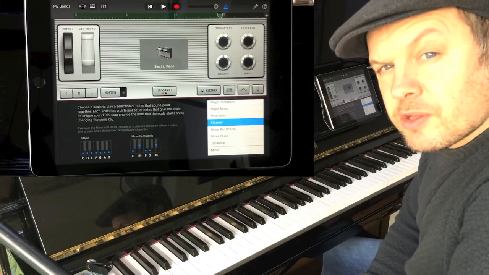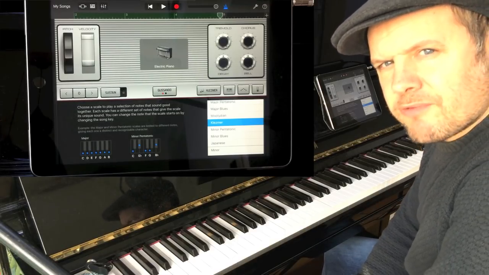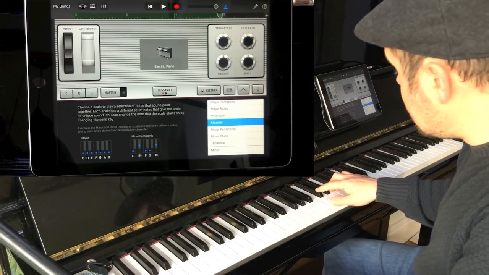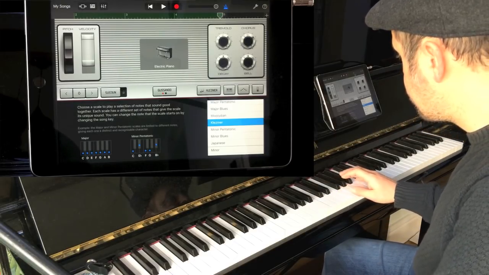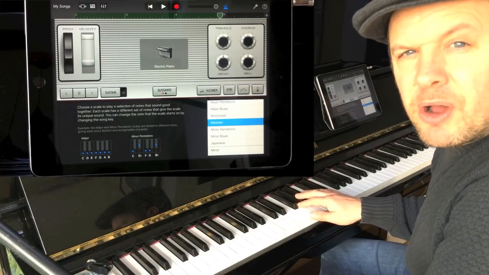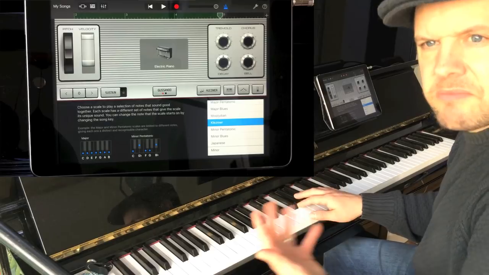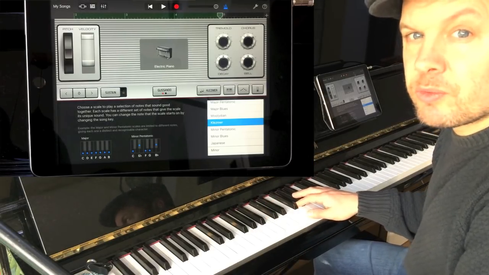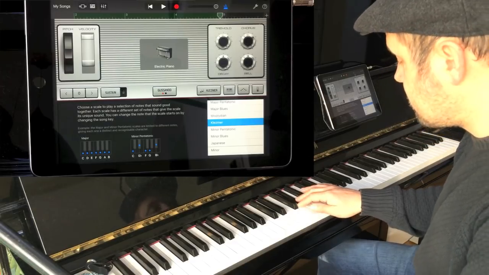To the classical fraternity, this will ring some bells, because the Klezmer scale on C, which we've got here at the moment, is the same as the F minor harmonic, which is very much in the repertoire of any classically trained musician.